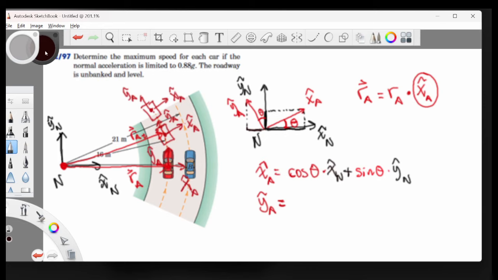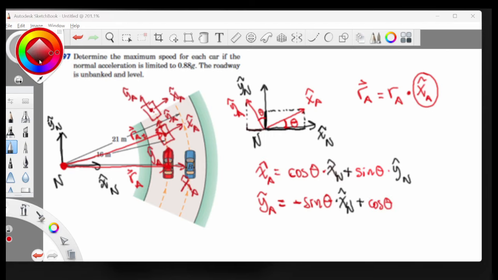So now we have a component minus sine of theta in the direction of xN plus cosine of theta in the direction of yN. So this component right here.